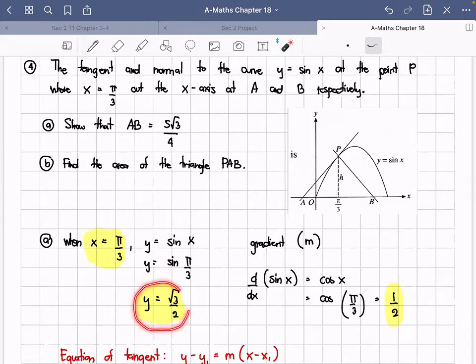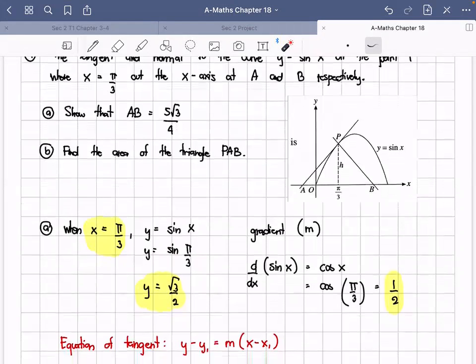You'll get y equals square root of 3 over 2. And then, what is the gradient of this one?